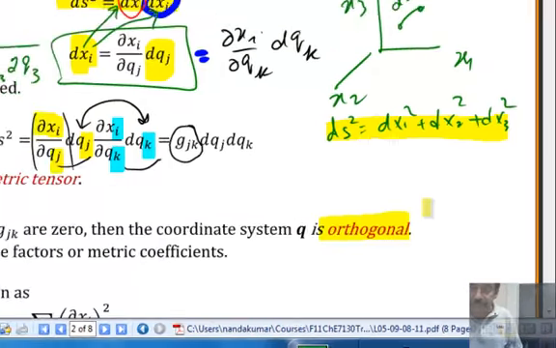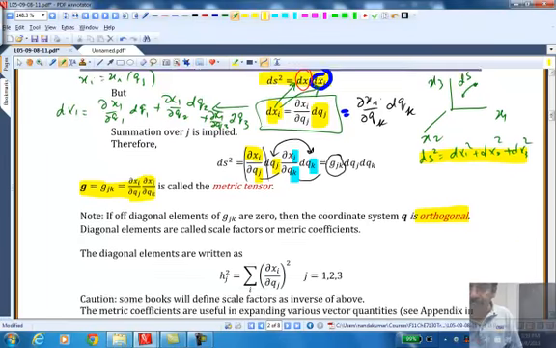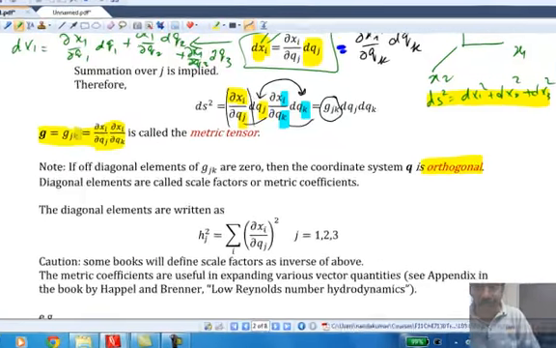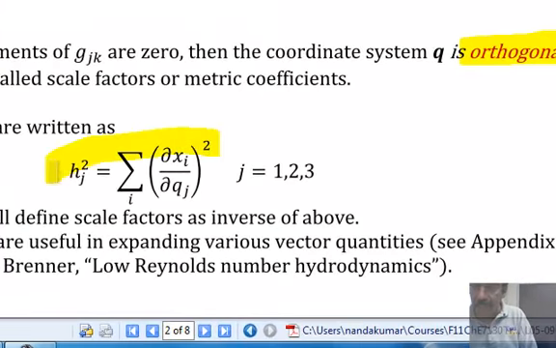When that happens, you will find that the metric tensor is diagonal, meaning whenever j is not equal to k, gjk will be equal to 0. Otherwise, it will be on the diagonal elements, and you can calculate all the partial derivatives: dx1/dq1, dx2/dq2, dx3/dq3. So there will be 3 metric coefficients, h1, h2, h3, and we define the metric coefficient by this expression.